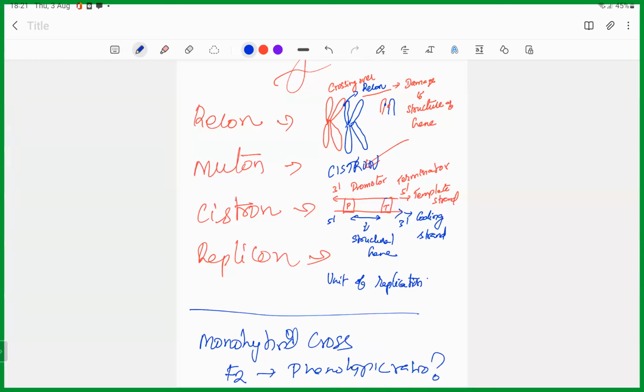So 3:1. Yes, correct. What is the genotypic ratio?